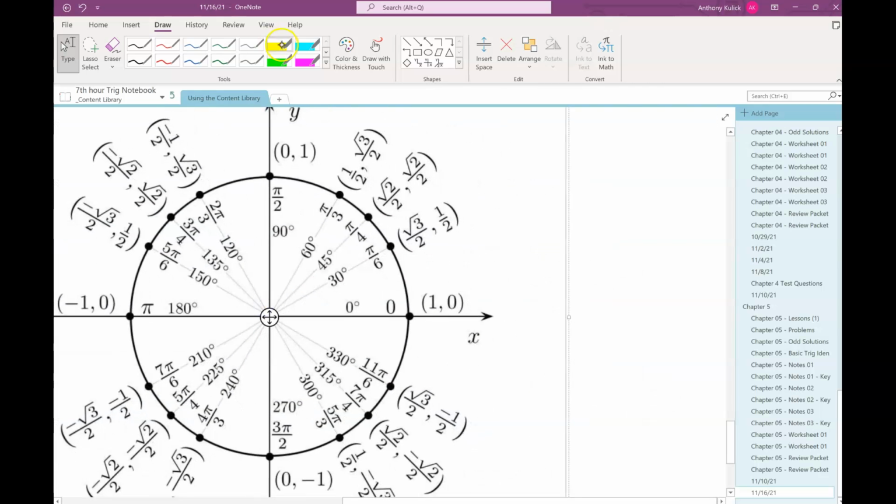So have you guys noticed on the unit circle that, for example, sine of 30 degrees is 1/2, and cosine of 60 degrees is also equal to 1/2? That these values for sine and cosine repeat like that? Do you notice there's any relationship geometrically between a 30-degree angle and a 60-degree angle? Is there a special geometric relationship between a 30-degree angle and a 60-degree angle?